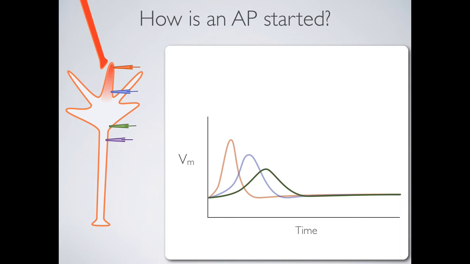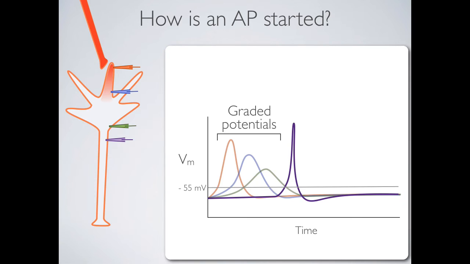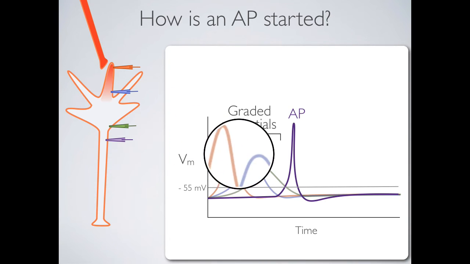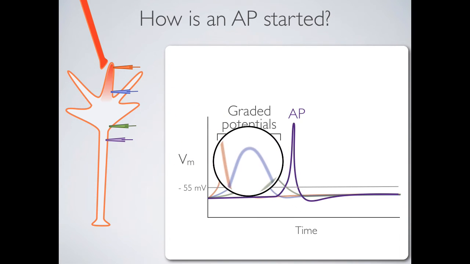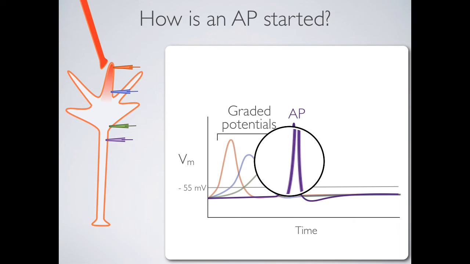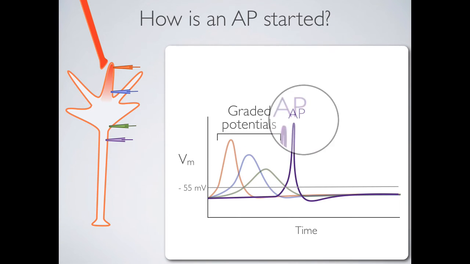In the event that that depolarization is sufficient to go above threshold, we have a depolarization that's quite rapid. In fact, it's an action potential. So again, the dendrites don't have voltage-gated channels and therefore can't create an action potential, whereas the axon does. Okay.